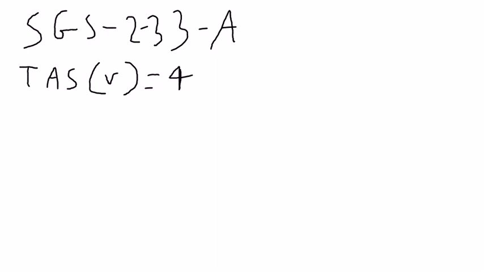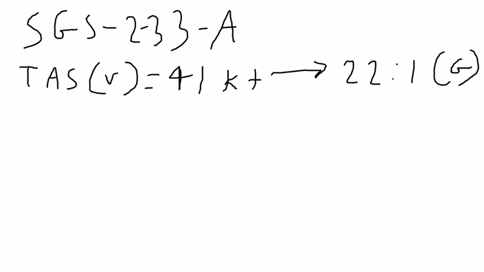That's going to be 41 knots. And we know that at this best LD speed, right from the manual, you will get a glide ratio of 22:1. We'll call that G. That's our glide ratio.